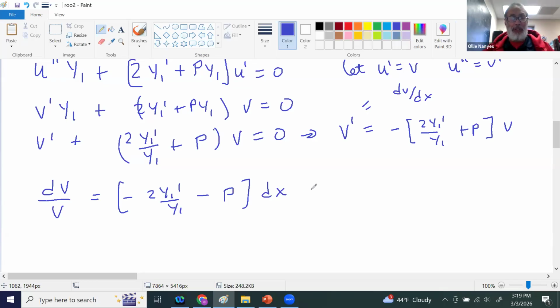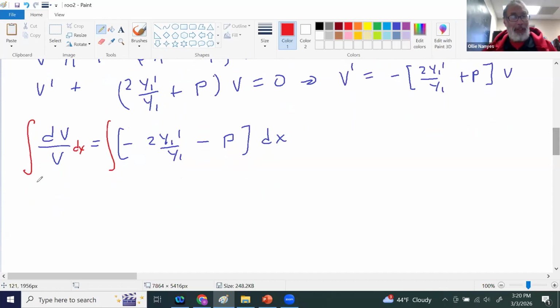Nice separable differential equation. So now we do the good old, let's integrate both sides with respect to x. So now we slap on integral signs and do the integral. And everybody here knows what this integral is going to be. It's going to be log of absolute value of v. This here, now you got this 2 here, so you have a minus 2 log of absolute value of y1.